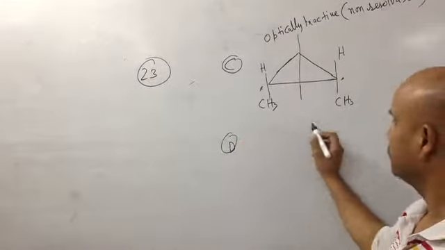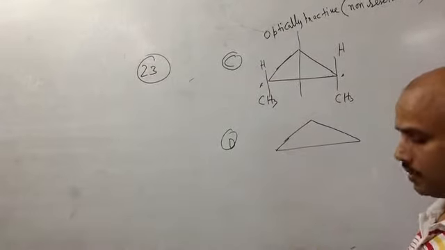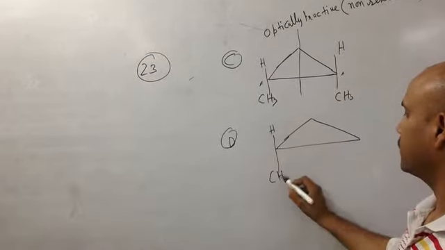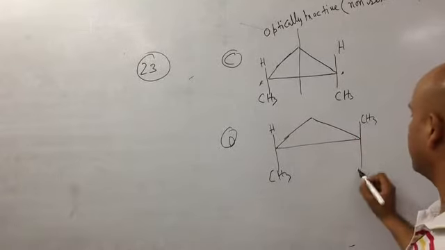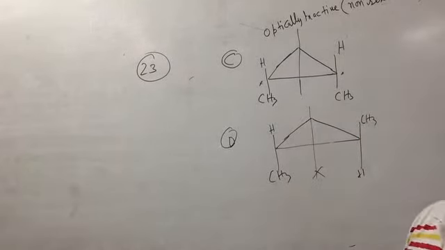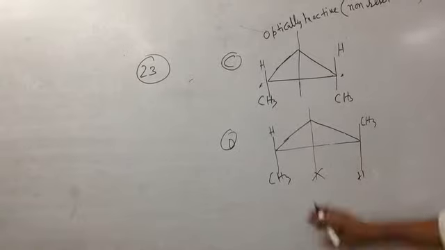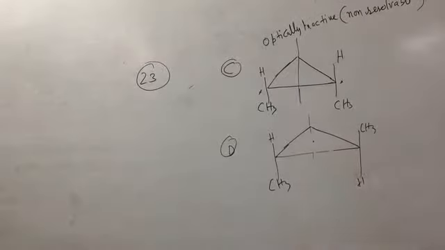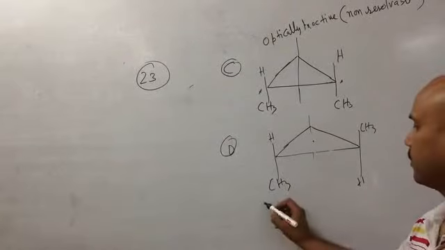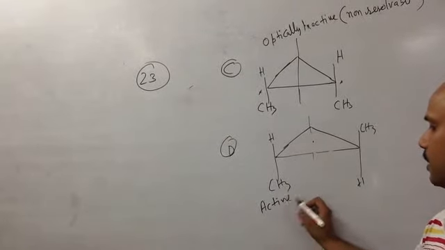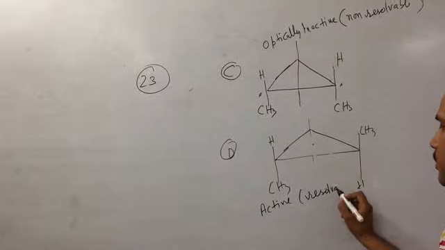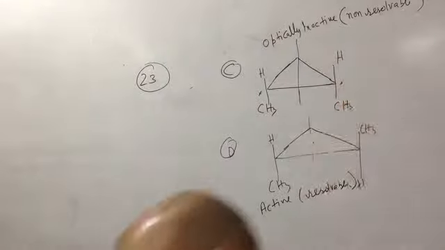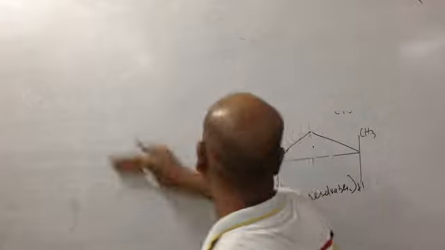See option number D. Option D has H here, CH3 here, CH3 here, H here. No, it has no plane of symmetry. Point of symmetry, there is no point of symmetry. Since there is no plane of symmetry or point of symmetry, it is optically active, or it is resolvable. Therefore, the answer is D.